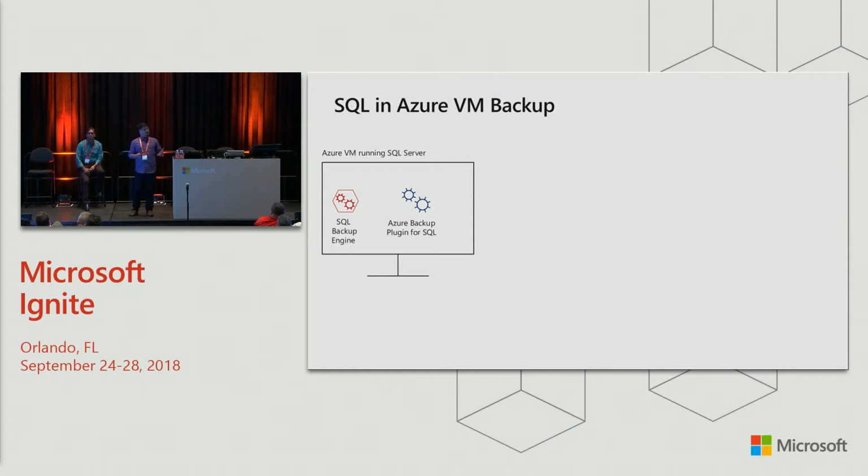What does it do? It basically is able to talk to the SQL backup engine using native APIs. Now this is really powerful because I'm actually using native SQL APIs, so I get the consistency in terms of policy, in terms of setup, and it's so consistent. So you don't have to learn anything new in terms of SQL backup. It's all what the SQL backup engine does already.